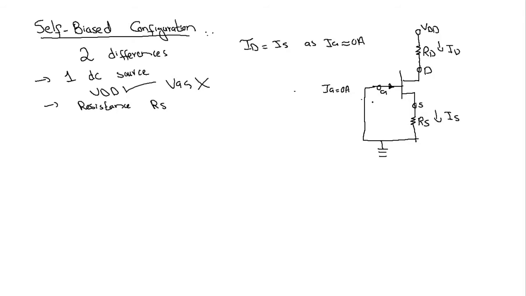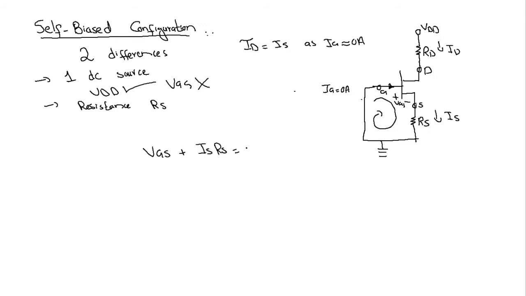Now let me apply KVL to this branch. We have this source, which is my VGS. The VGS is a voltage drop, and because we have the resistance RS, there is always a voltage drop across a resistor as well, so both are voltage drops, and both will be of the same sign.